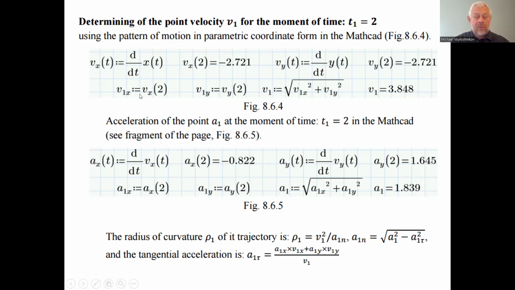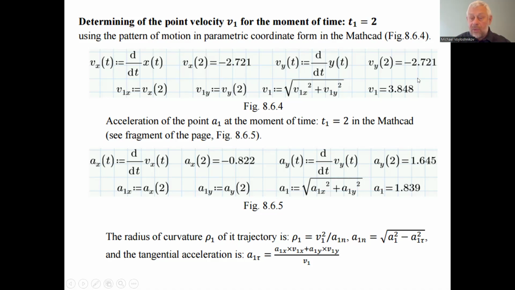So, having two components, we assign v1x, not as the component of the vector, but just the magnitude with the index. We assign that this magnitude v1x is equal to the velocity at 2.